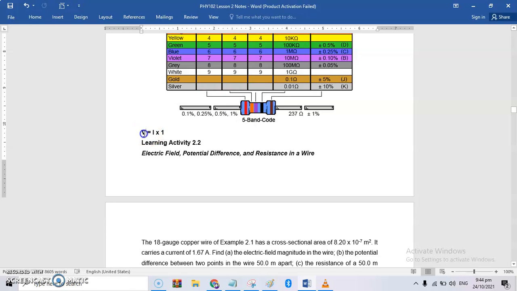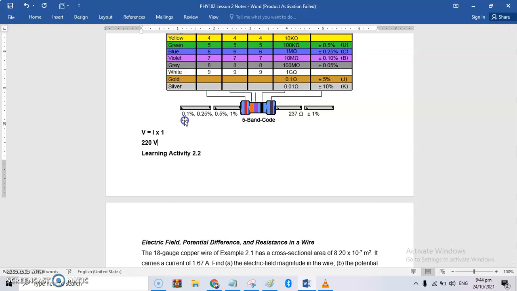So, si voltage is halimbawa 220 volt. Ibig sabihin si ampere natin is 220. Si current natin is also 220. 1 ohm. So, kailangan mo ng kuryente na makapal para ma-address niya itong 220 ampere current supply na sobrang laki.